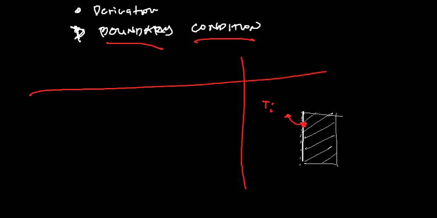So that is your condition at the boundary, a certain value of the temperature of your wall. That is what we call our boundary condition.